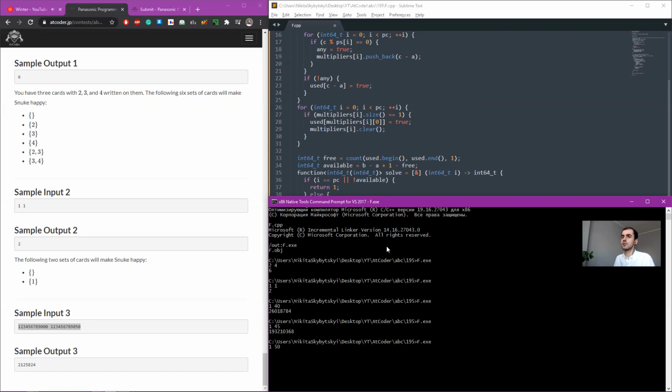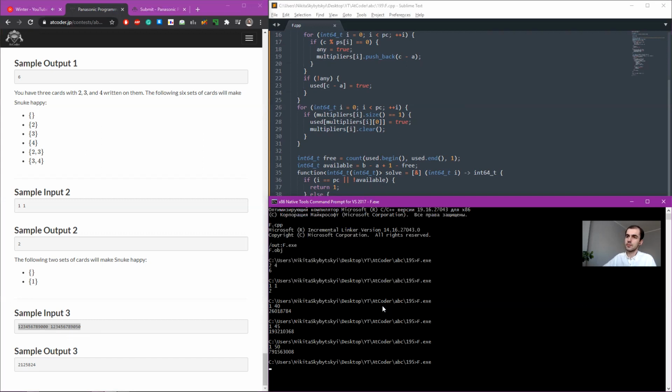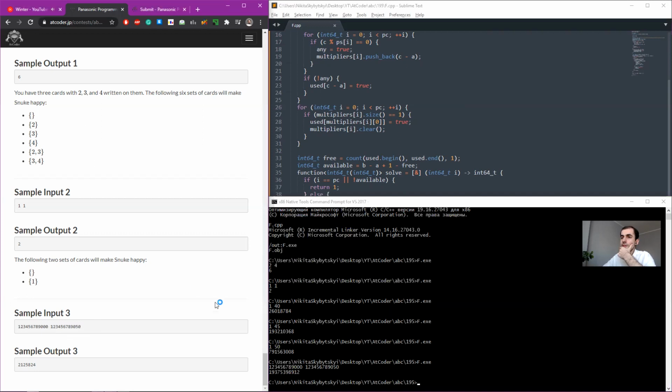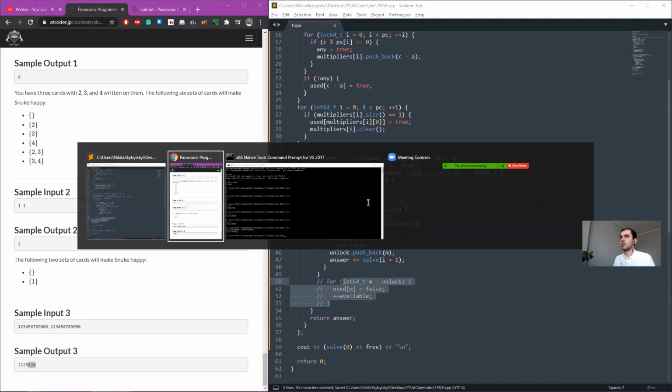Takes a bit to sync, but not that much. It's still too much, but how much is that? 2 million, oh, that's a lot. Do I really have to free it? That's the question.